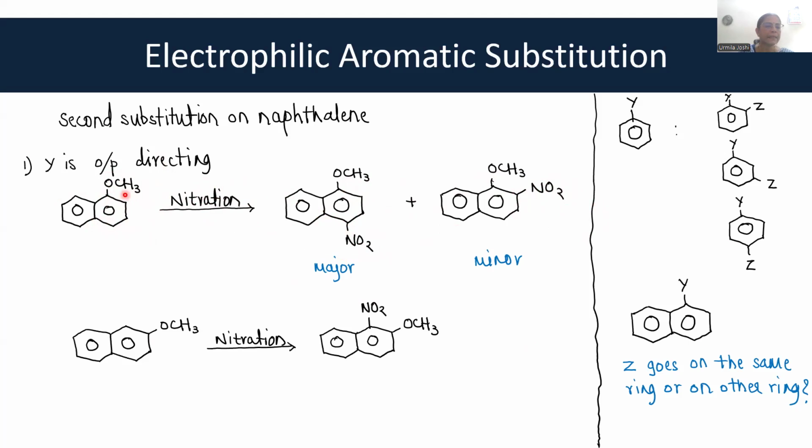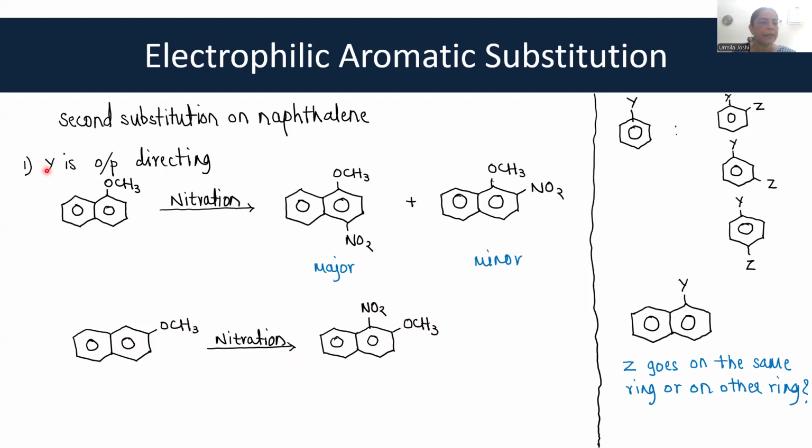Okay. As against that, when the methoxy group is present at the 2 position, so in 2-methoxynaphthalene, when you carry out nitration, the product obtained is 1-nitro-2-methoxynaphthalene. Okay.